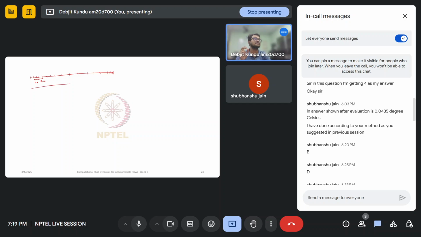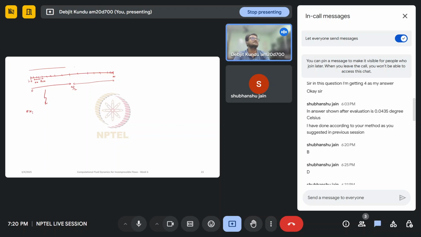If this is i equal to 0 and this is i equal to n, then from i equal to 0 to n by 2, and then from n by 2 to n, there will be two separate equations. For this first half, the delta x i are changing. So delta x1 is the smallest one, delta x2 will be r into that, and so on.